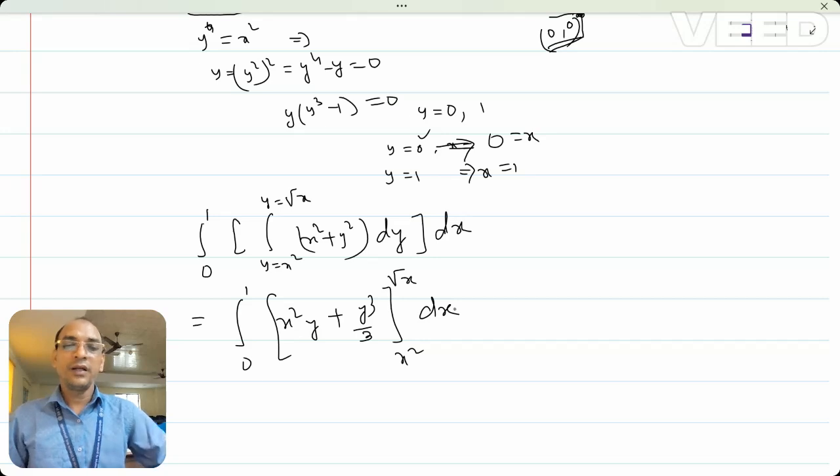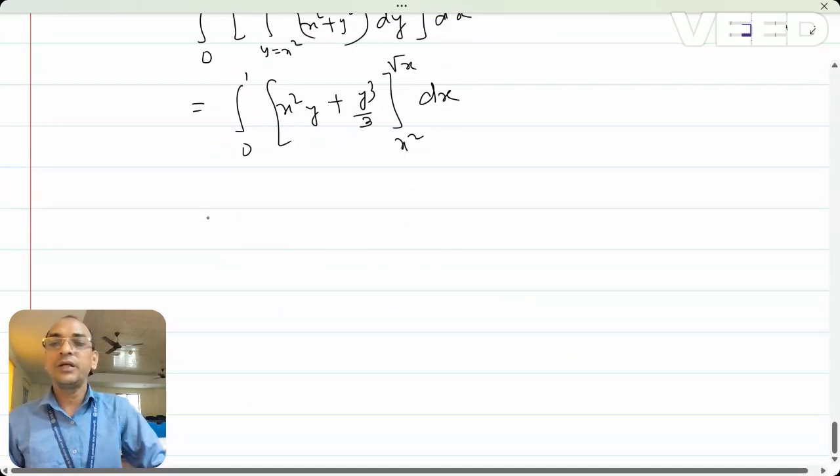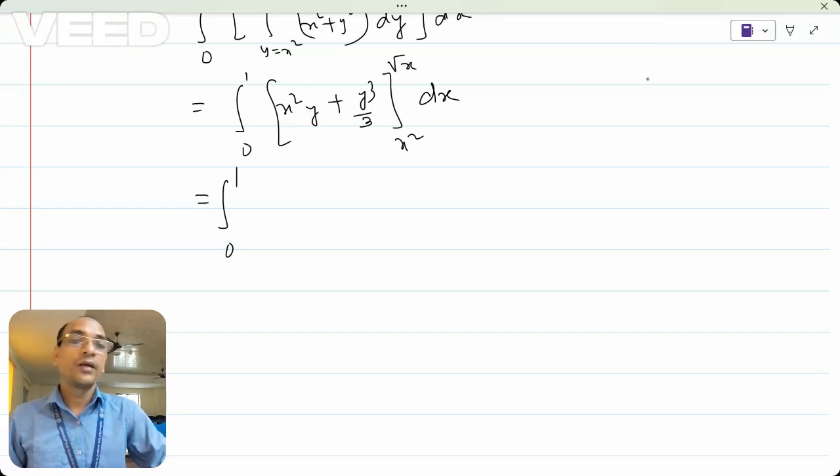Wherever y is there, I will replace the upper limit as well as the lower limit, and we can evaluate it. So integration over 0 to 1, and for the upper limit first you put y equal to root x, so x square into root x means x square into x to the power half, so x square plus 1 by 2, that is x to the power 5 by 2.